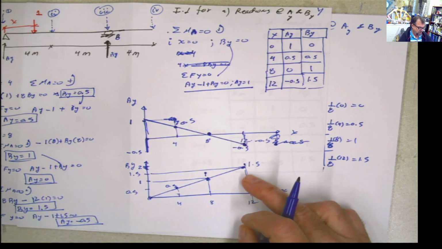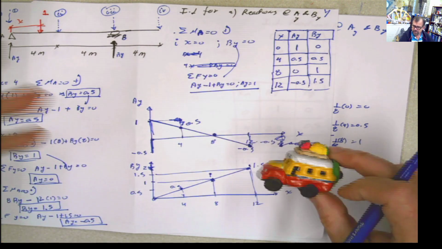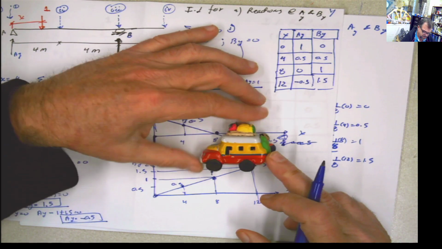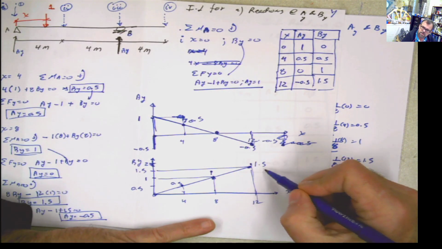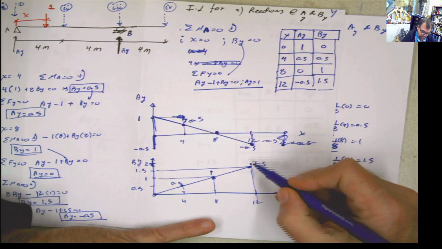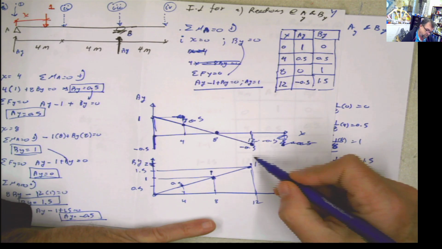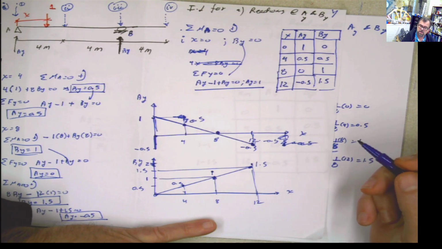Now, if this is the vehicle here, and this is a scale, because you have to draw it to scale or put the right distances here. If I know that if I put a load of 1 here, the reaction is going to be 1.5. So if I put a load of 2, the reaction is going to be 3. If I put a load of 4 kips, the reaction is going to be 4 kips times 1.5, 6 kips.